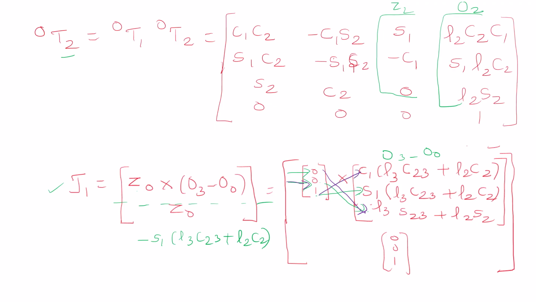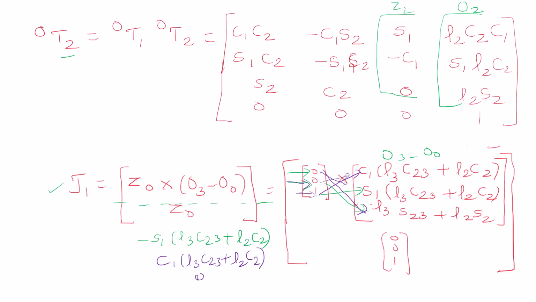Since for the second row you already have a minus, the minus of minus cancels and you get C1 into L3C23 plus L2C2. For the third row, you hide the last row, so you get 0 into 0 minus 0 into 0, which is simply 0.